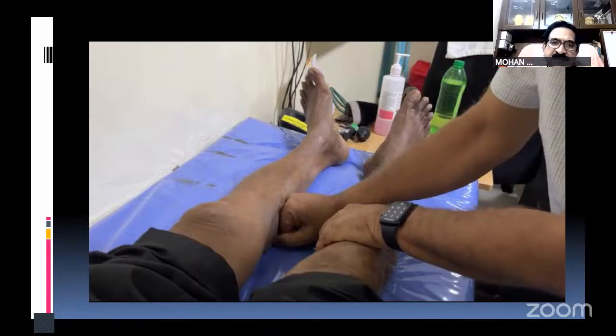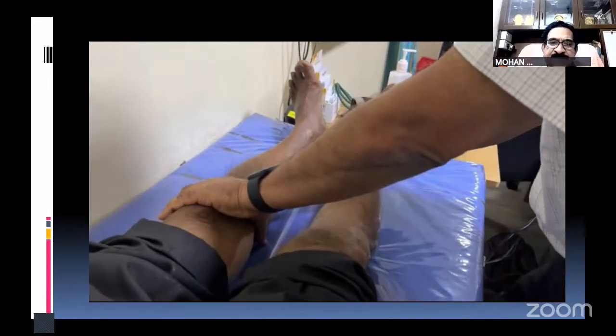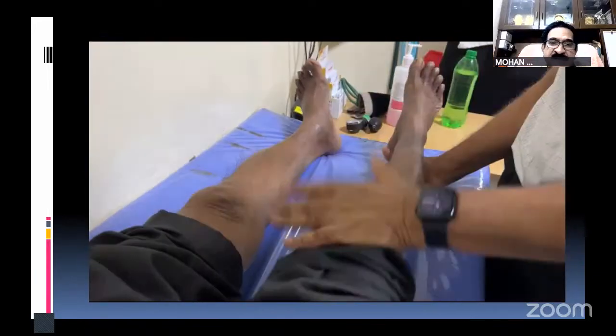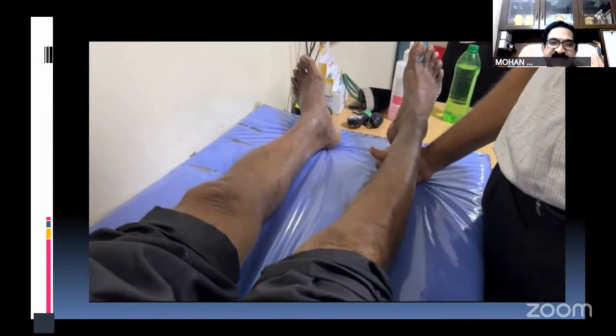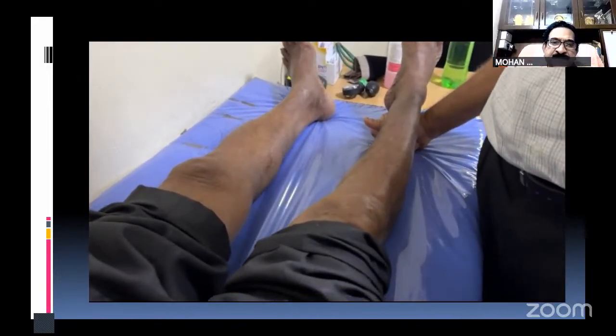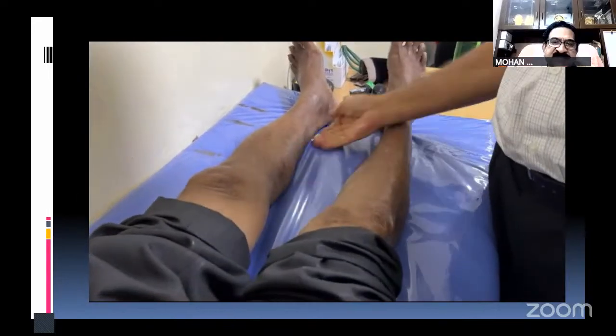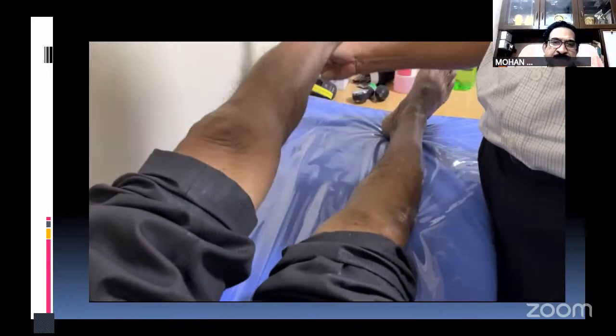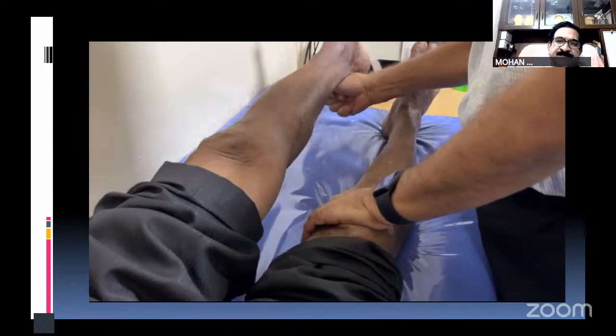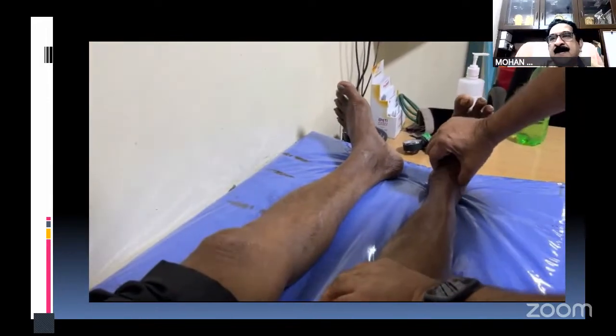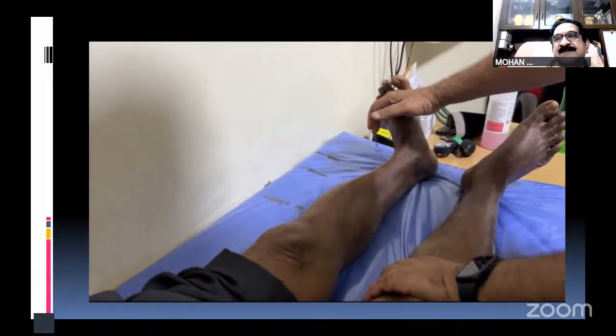Adduction was weak on the left side, normal on the right side. Sorry, weak bilaterally. Hip extension was weak bilaterally, more weak on the right side, that is better on the left side. However, dorsiflexion and plantar flexion were normal.